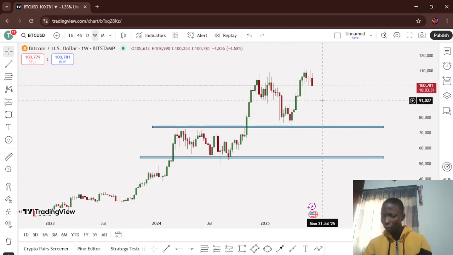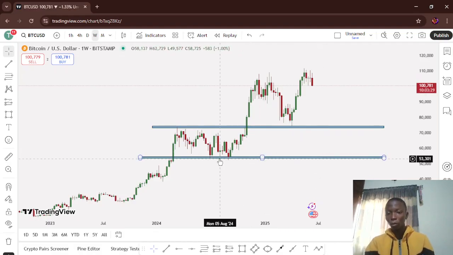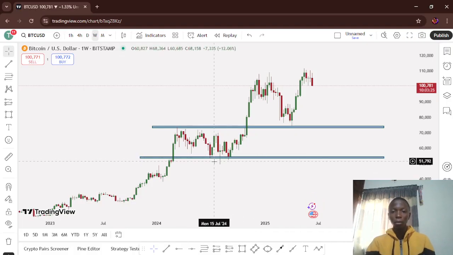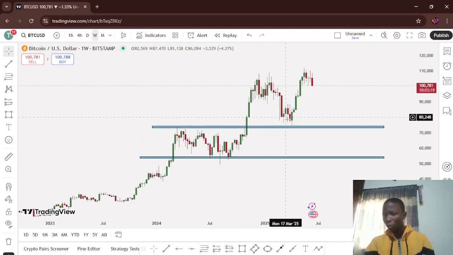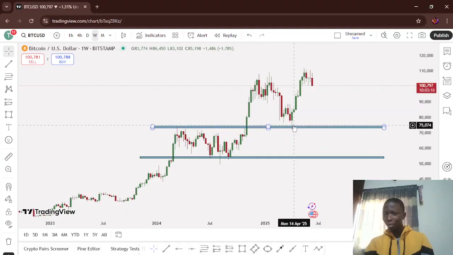Now for the chart patterns, this formed a double bottom around here, then rallied all the way to the upside. This looks like a double top around here. It pushed all the way down. In a way, this looks like a double bottom also around here.